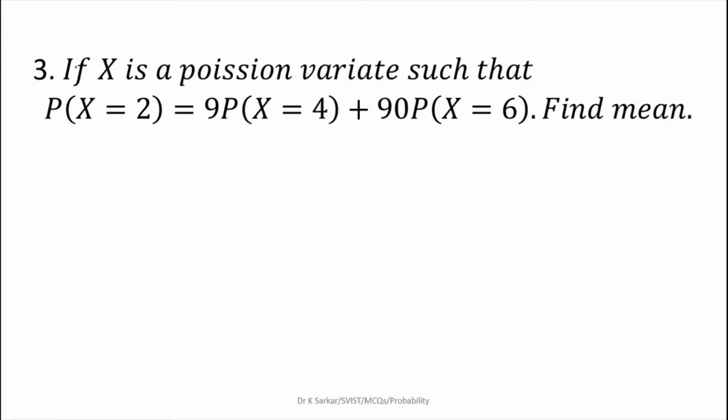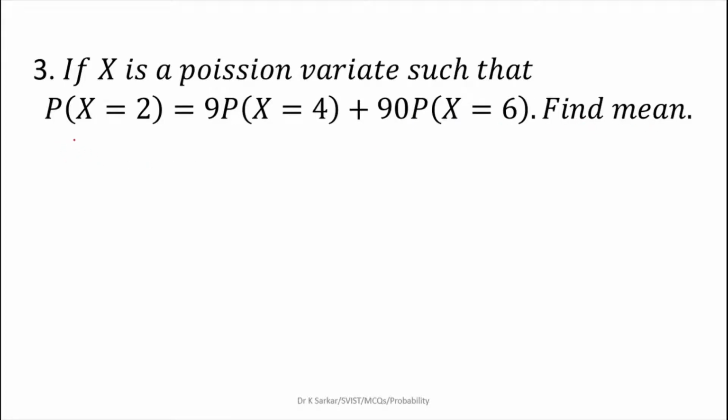Question number 3. If x is a Poisson variate such that probability at x equals 2 equals 9 into probability at x equals 4 plus 90 into probability at x equals 6, find the mean.